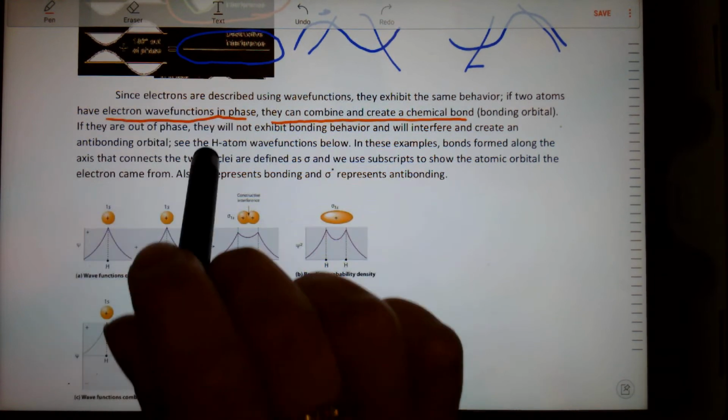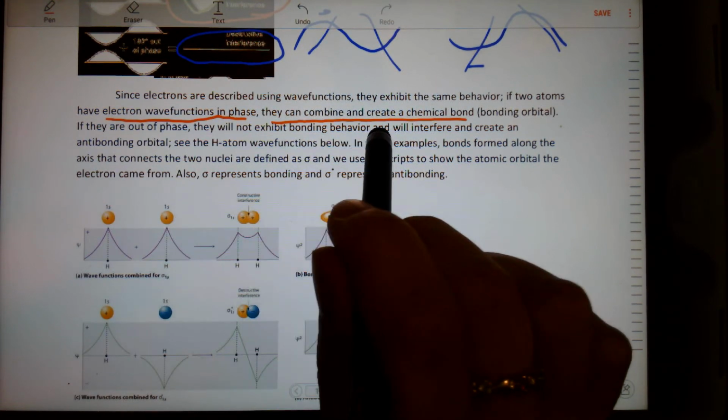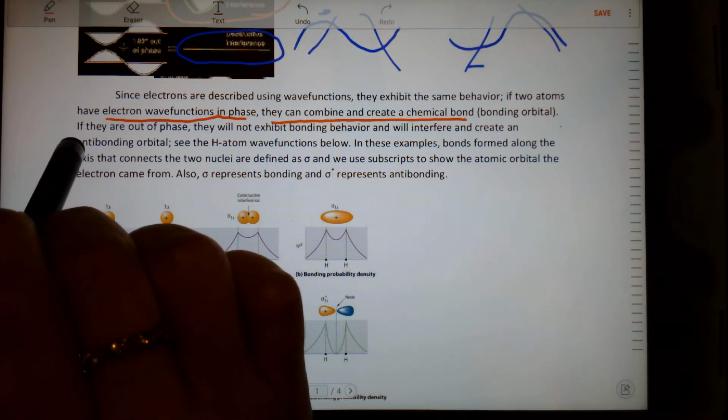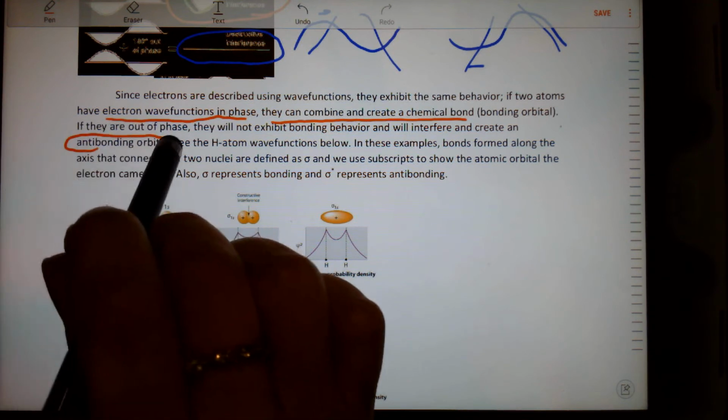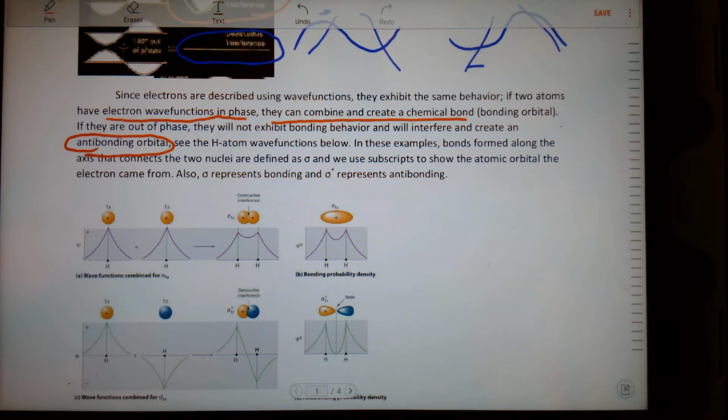If they are out of phase, they will not exhibit bonding behavior and will interfere to create what we call an antibonding orbital. So you can think of it exactly as what we saw up here, constructive interference or destructive interference. Those are the two scenarios that happen when we create bonding.